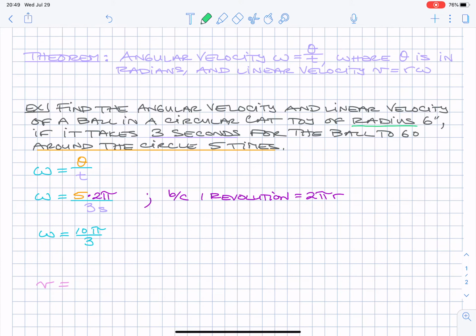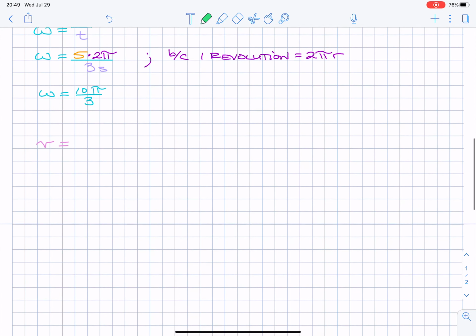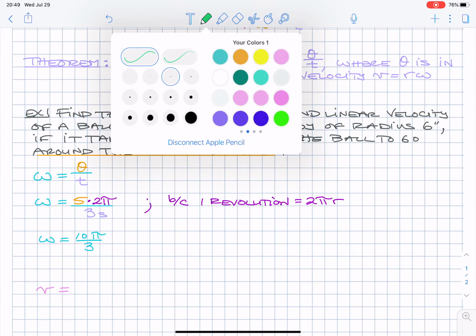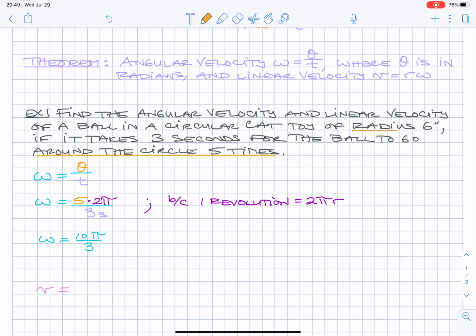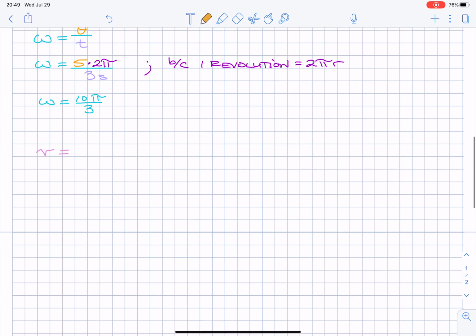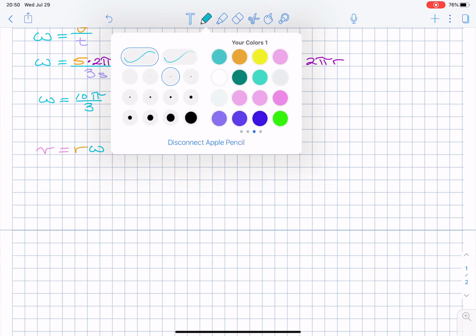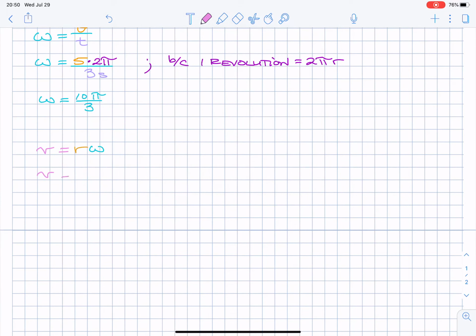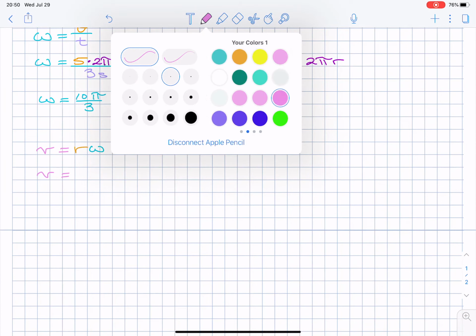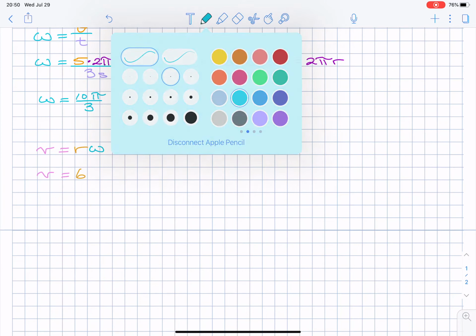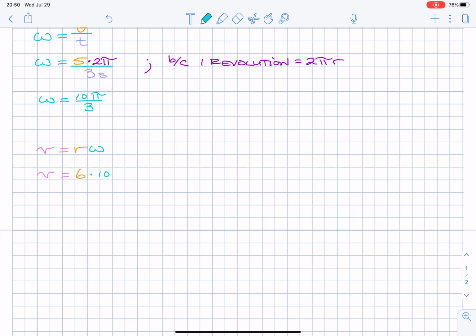Radius, 6 inches. So I claim that linear velocity v is going to be 6 inches times omega, and we found omega was 10 pi over 3.